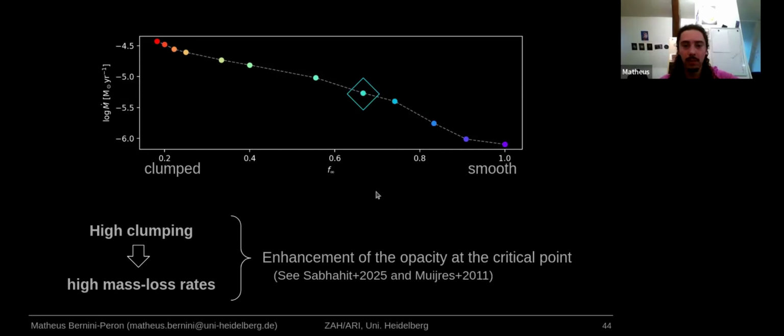We know that increasing clumping, especially at the critical point, causes an enhancement of the opacity in that region, and therefore you have more radiation which is sort of trapped in this part. Therefore, these photons will transfer more momentum, so they can push more matter to produce stronger winds, so a denser wind.